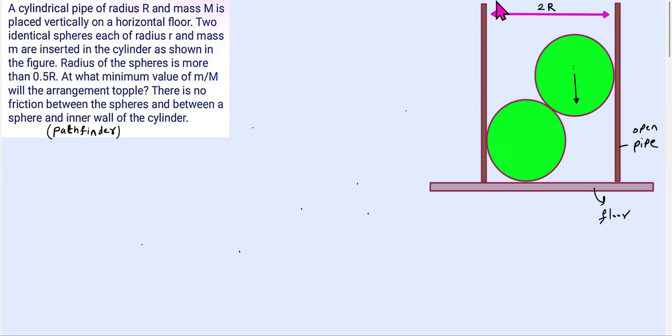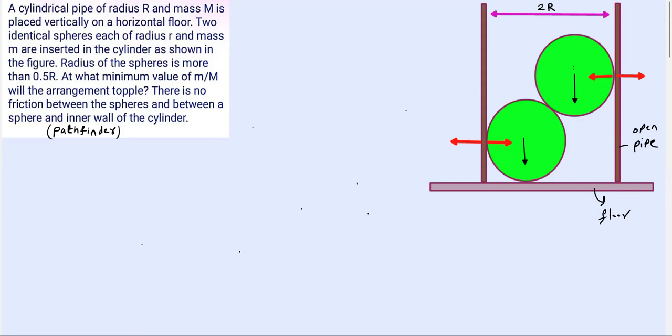The weight of this will act here, the weight of this will act here. Then the normal contact by the upper sphere on the pipe, by the pipe on the upper sphere. Similarly, by the lower sphere on the pipe, and by the pipe on the lower sphere.